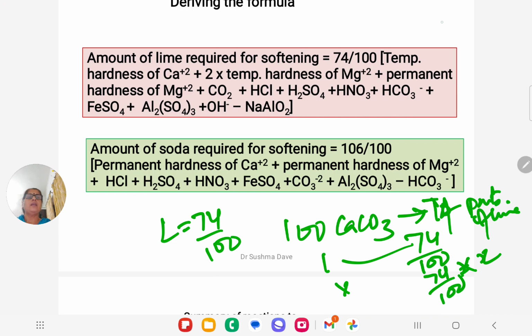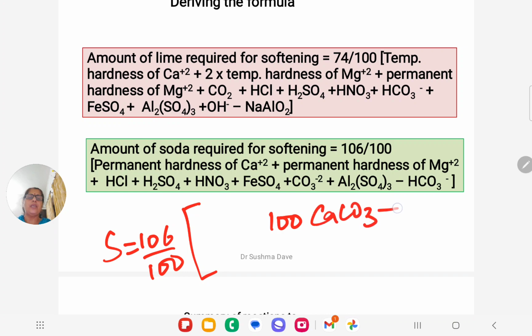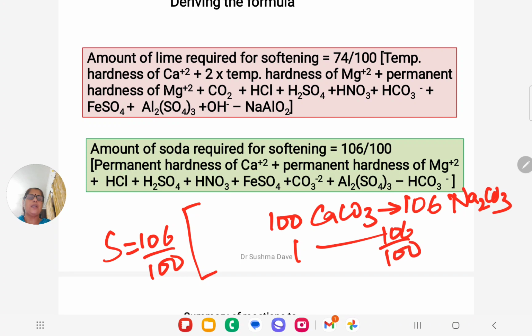Similarly, we can write it for soda. Soda is 106 by 100 times Y. How did it come to 106 by 100? 100 parts of CaCO3 correspond to 106 parts of Na2CO3. One part will be 106 by 100, and Y parts will be 106 upon 100 into Y. It is also the unitary method.